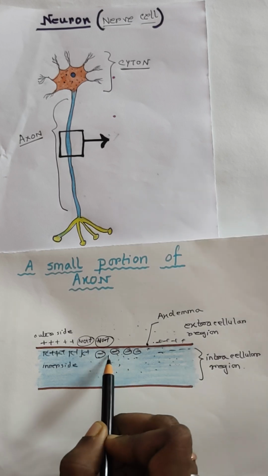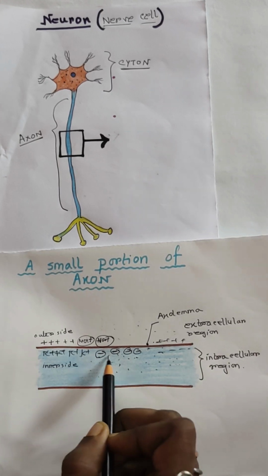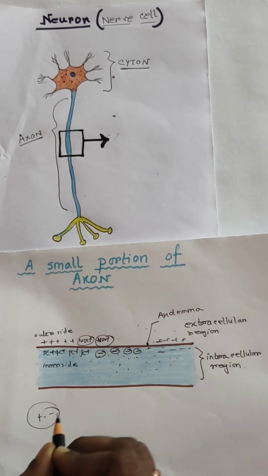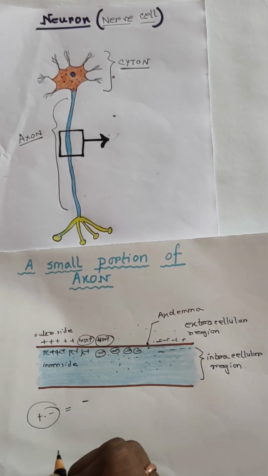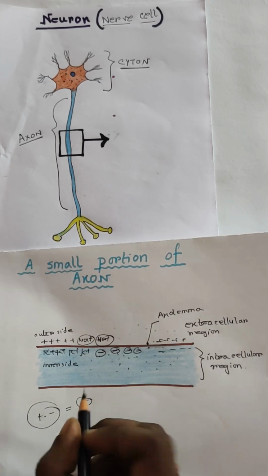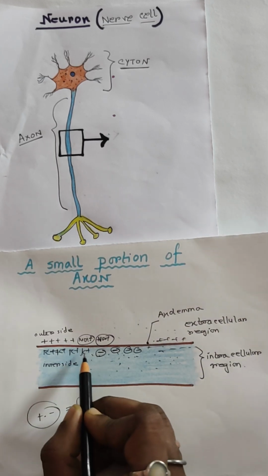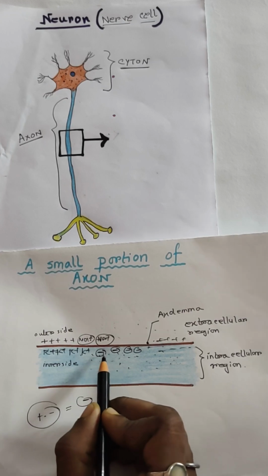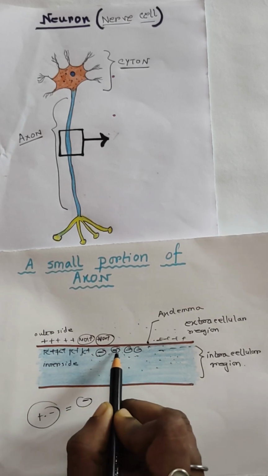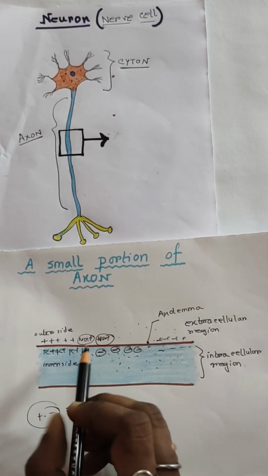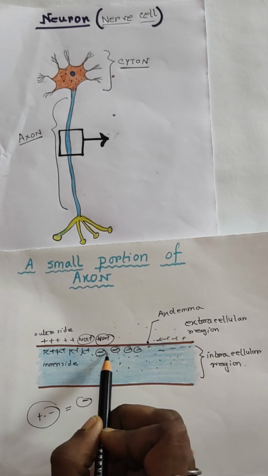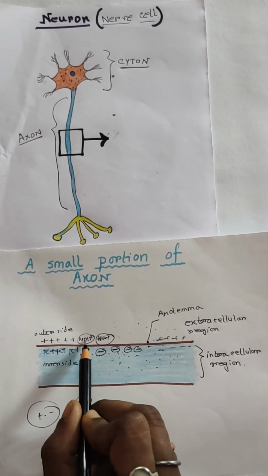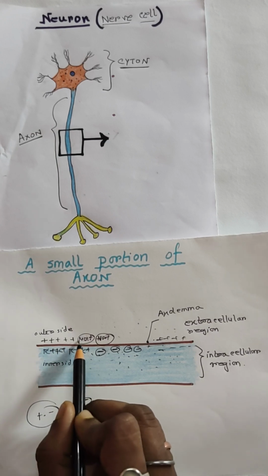We know that positive and negative ions together form negativity, so the negativity is more at the inner side, and at the outer side, as there are sodium ions, they show positivity.